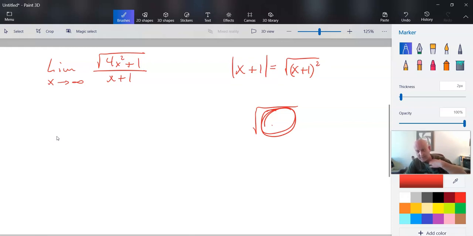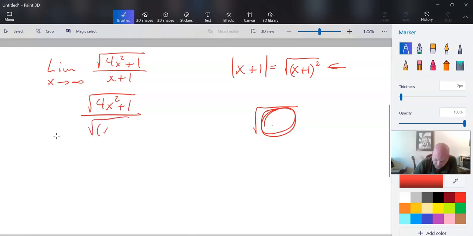And it is how we're going to deal with absolute value here in calculus, as you switch it over into this function and deal with it from there. The only reason I can take this liberty is because we're going to positive infinity, so I know we're going to have all positive values anyways. So I'm going to rewrite this as the square root of 4x squared plus 1 over the square root of x plus 1 squared.